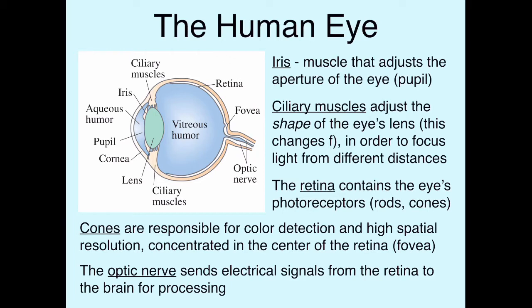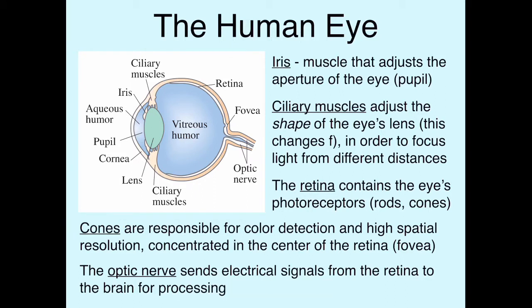Okay, so next we have the retina, which is in the back of the eye. And basically, this contains the eye's photoreceptors. And that's just a fancy way of saying the things that detect light in your eye. We call these the rods and the cones. So the cones are responsible for detecting color. So the whole reason you can see in color is because your eye has cones.